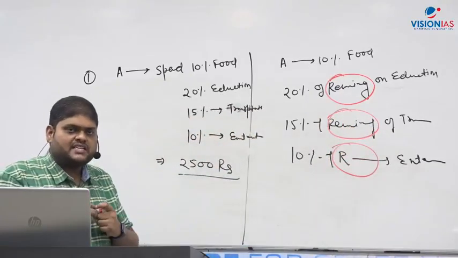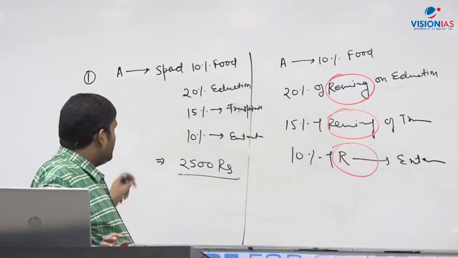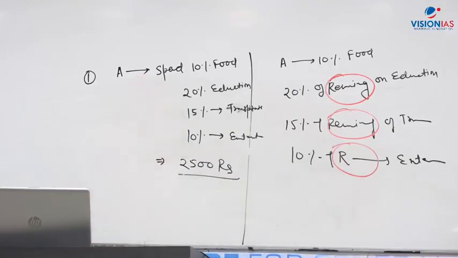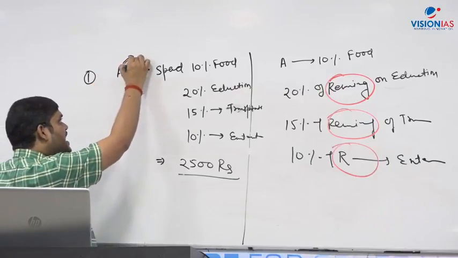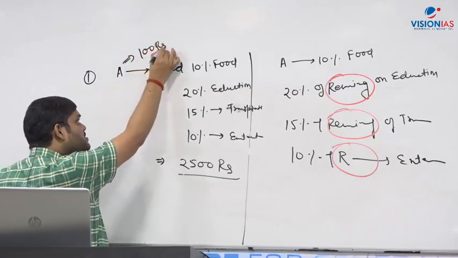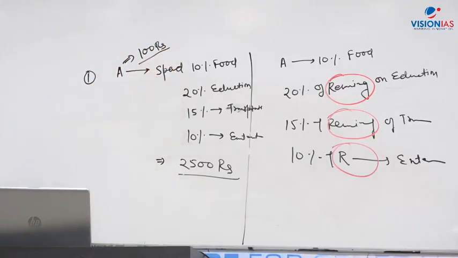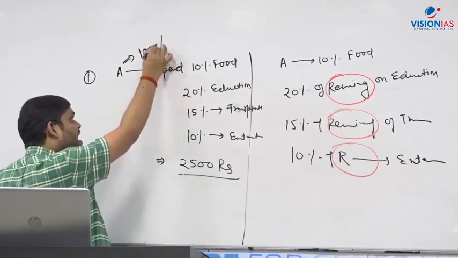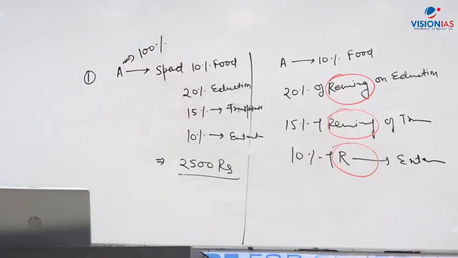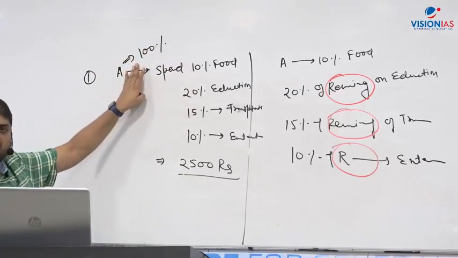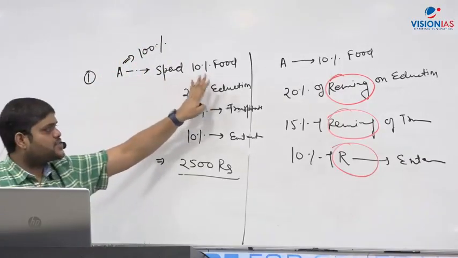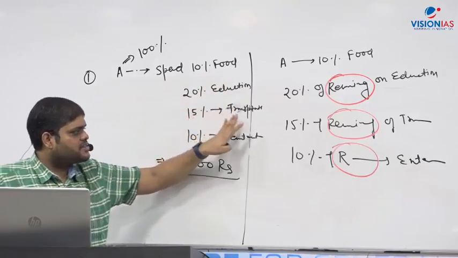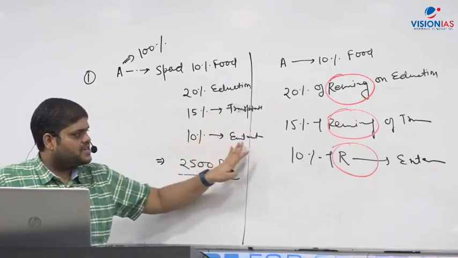What does this mean? See, the first case, how will we solve that? Suppose A has a total of 100 rupees, that is 100%. Out of this 100% income, 10% on food, 20% education, 15% transportation, 10% entertainment.